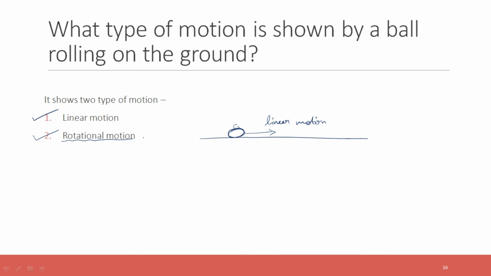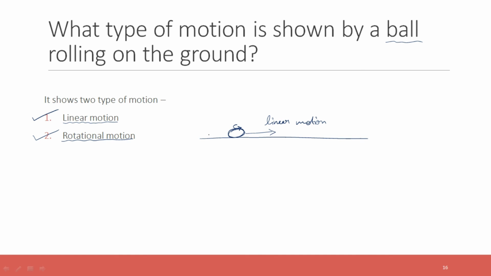So from here we can conclude that an object does not show only one type of motion. An object can show more than one type of motion, like in this example of a ball rolling on the ground. It is showing two types of motion at the same time: linear motion and rotational motion.